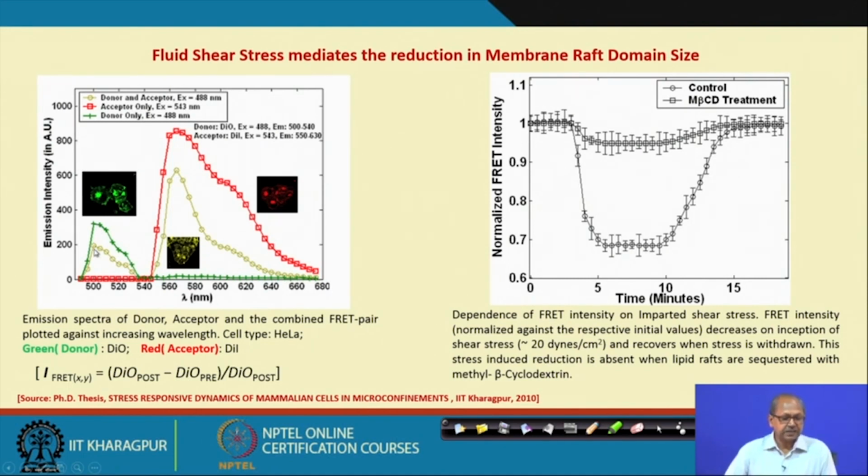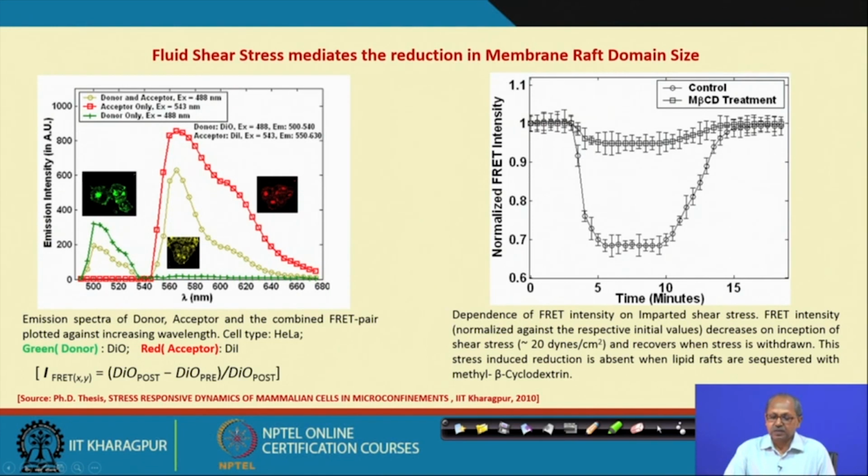So, we are measuring the FRET intensity by this equation: I FRET equal to DIO post minus DIO pre divided by DIO post. And the FRET intensity is normalized with respect to control, and we are plotting the normalized FRET intensity with respect to time when we are imparting flow of 20 dynes per square centimeter.